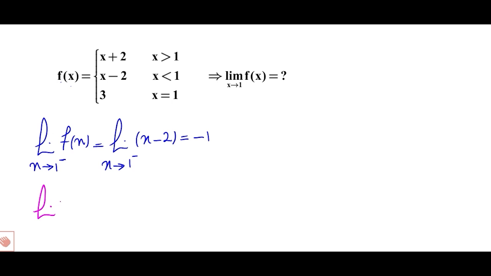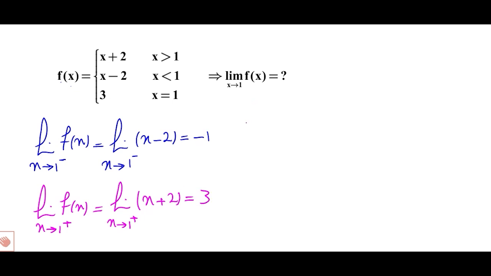So the limit of f of x as x approaches 1 from the right means x is greater than 1. So the limit of x plus 2 as x approaches 1 from the right is equal 1 plus 2 is equal 3.